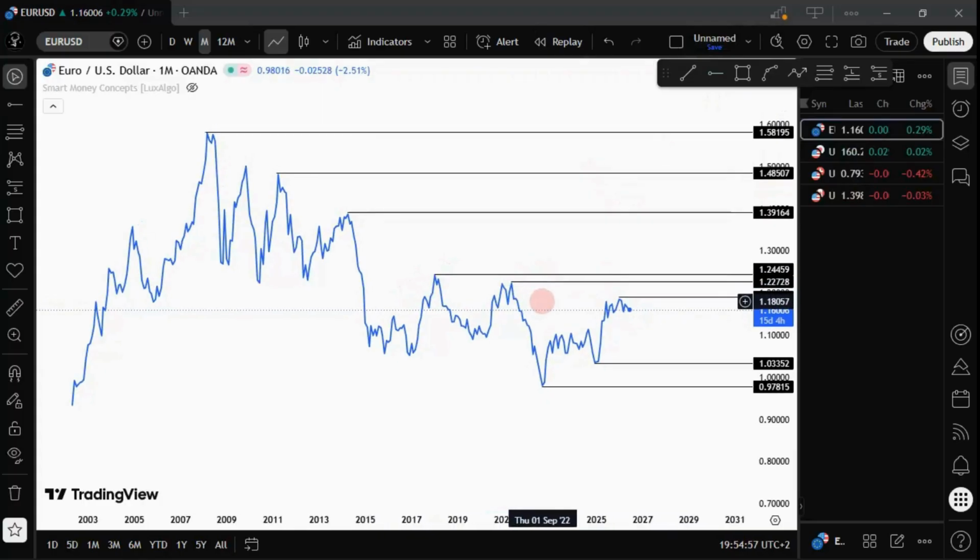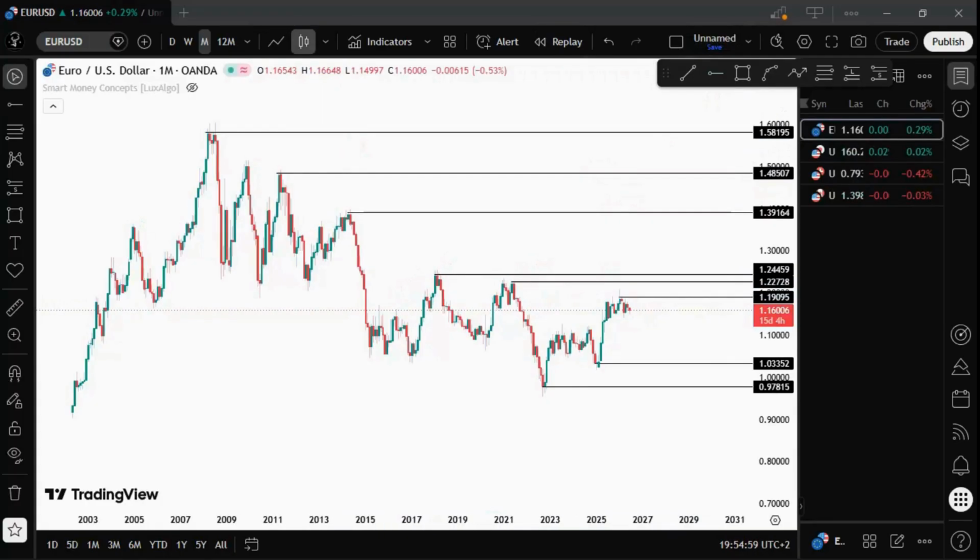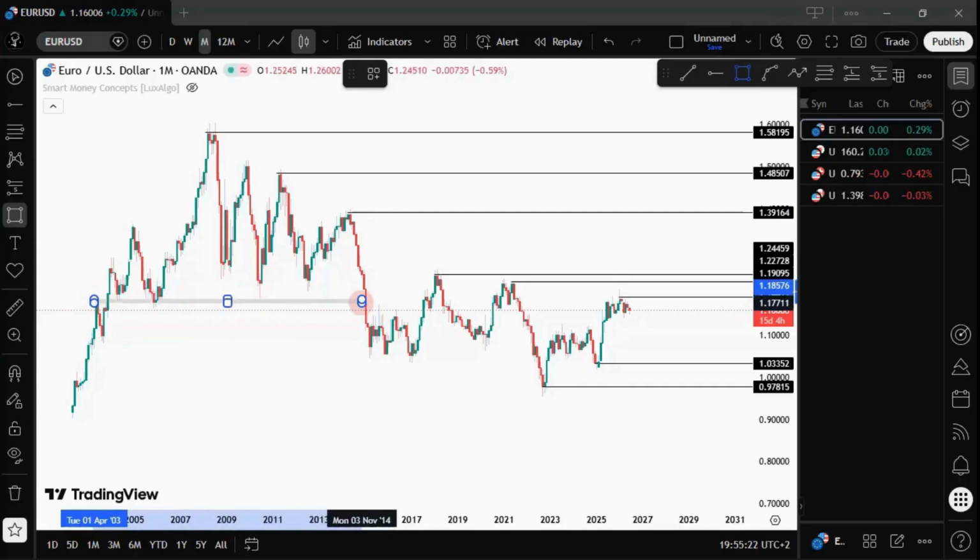It is going down. Okay guys, after marking my key levels, I use this rectangular instrument to mark out my supply and demand zones, which are support and resistance. I take this rectangular zone and see where I could mark my resistance area.